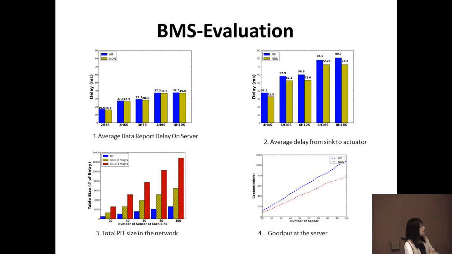But our advantage shows really clearly in picture 3. This is the control overhead, the footprint on each router. As I have said earlier, NDN maintains a very complex data structure, and because of that, if you look at the red bar, all these table sizes are much larger than the state information MobilityFirst maintains.